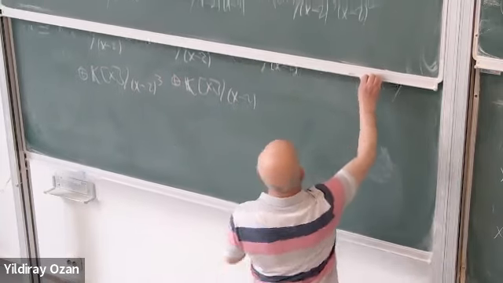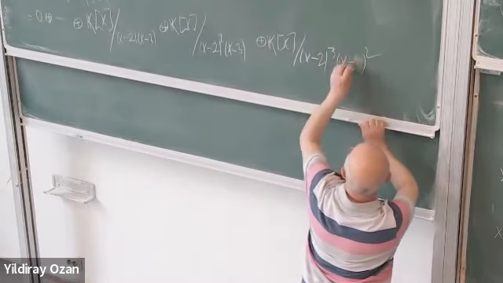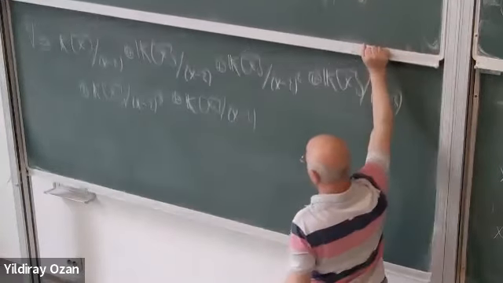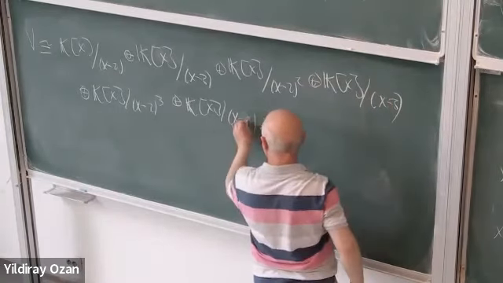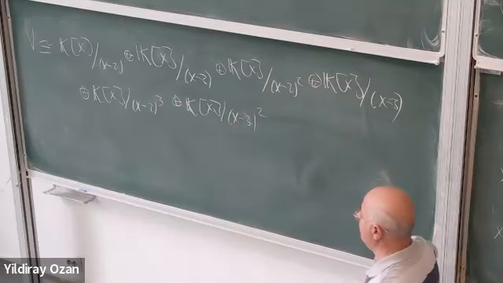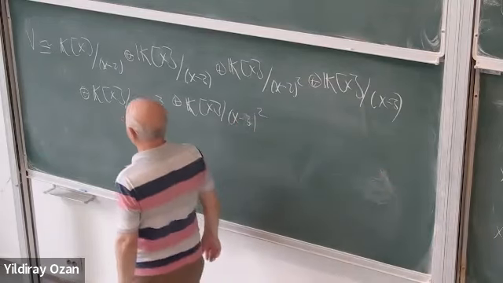X minus 3 değil mi şu? X minus 3 square. Okay.